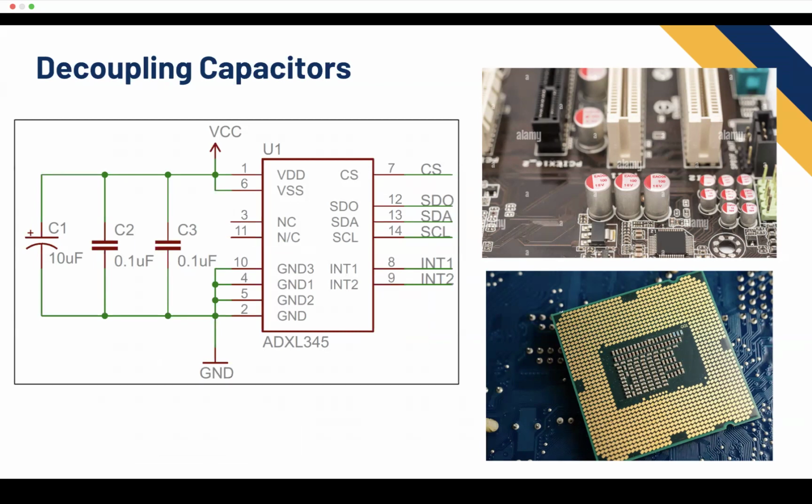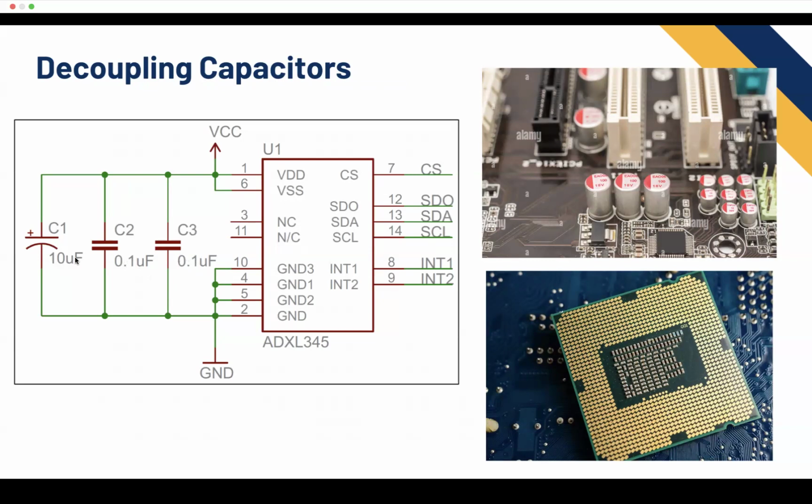Those are the standard values. 0.1 microfarads is 100 nanofarads. There's another value that's standard, but usually 10 microfarads and 0.1 is good enough to get you across, because these are large enough capacitances to source any current you need.